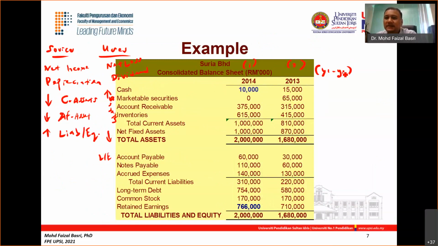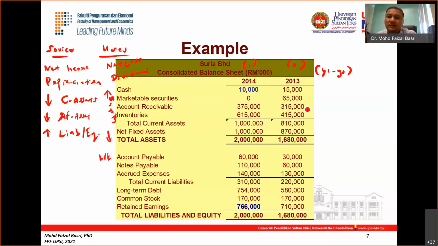Year 1, the latest one, is 2014, and year 0, the previous year, would be 2013. The position will not necessarily be like this. Sometimes it can be 2013 here and 2014 here, so just be careful. Always look at the current year minus the previous year.